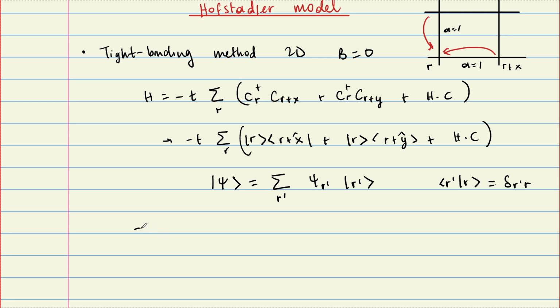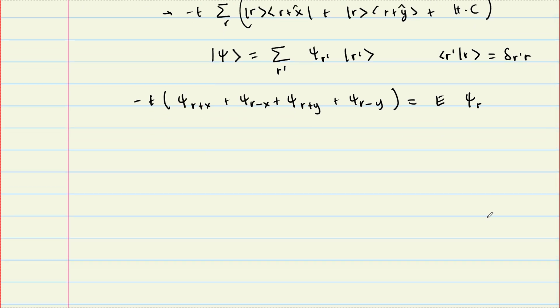Let me just write the result: minus t psi of R plus x plus psi of R minus x plus psi of R plus y plus psi of R minus y is going to be equal to E times psi of R. But this is in the form of a difference equation.